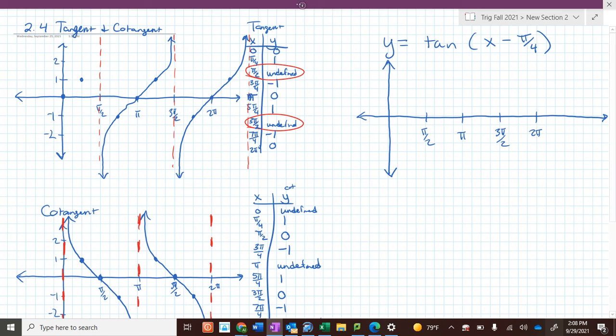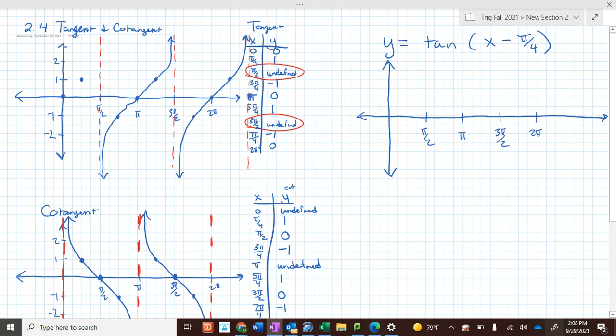Okay, so my asymptote was at pi over 2. If I go minus pi over 4, what happens? Goes to the right how far? 2 squares to the right. It was at 3 pi over 2, so I go 2 squares to the right.